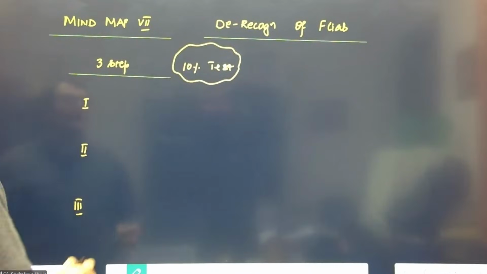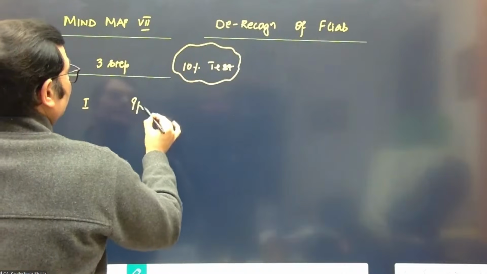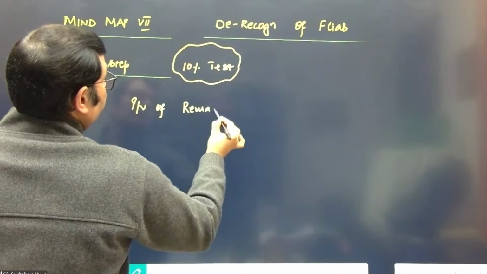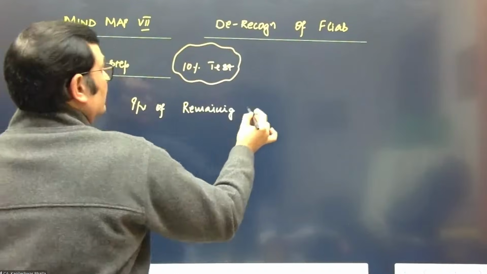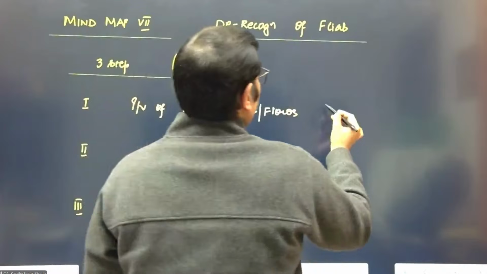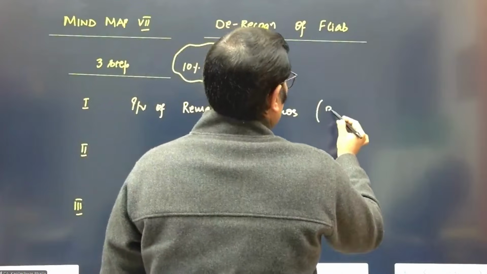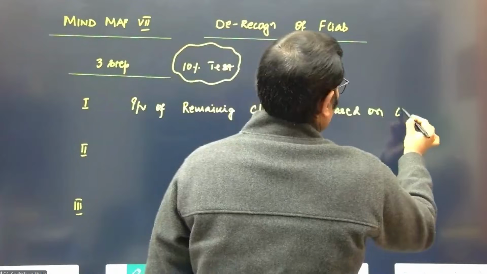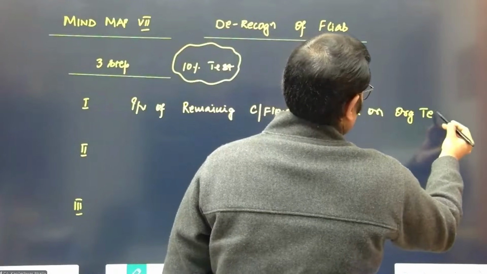So in step number 1, we will consider the present value of remaining cash flows, which is based on the original terms itself.